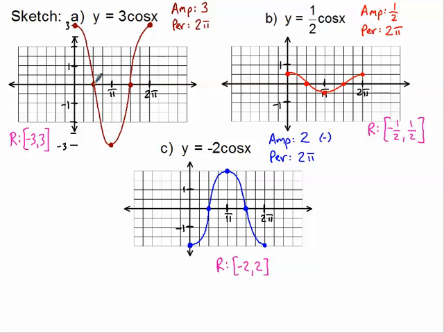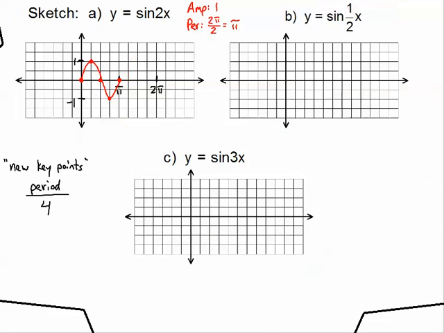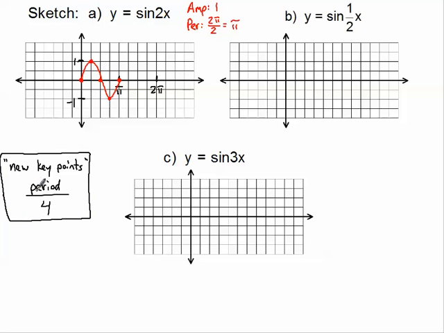That's why I'm counting pi over 2 units to get to each of my old key points. So this is a good concept to understand. To find any key points, take your period and cut it into fourths. Or you can take the distance that you need to travel, cut it in half, and then cut that half in half. That'll get you to the same thing.